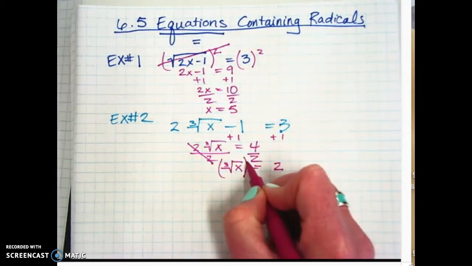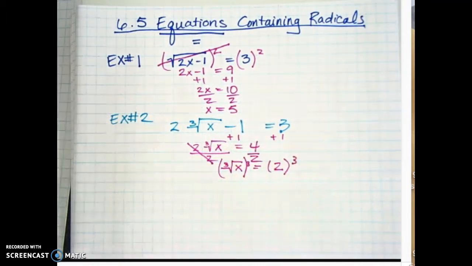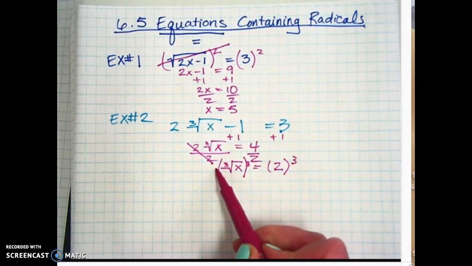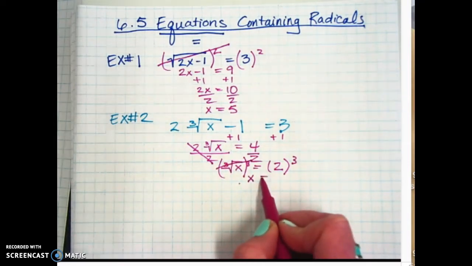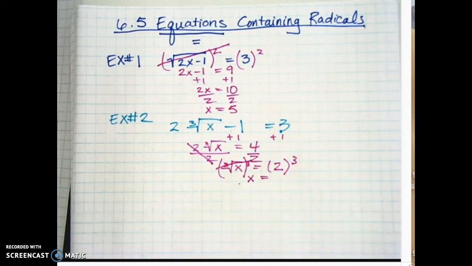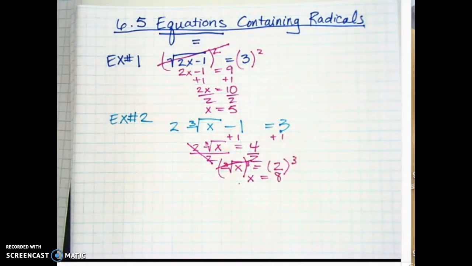So we're going to take this side to the 3rd power, which means we have to take this side to the 3rd power. Okay? These are inverse operations, so they cancel each other out, and we're left with just x. And then 2 to the 3rd power is 2 times 2 times 2. Should be 8. Okay? Any questions on example number 2?